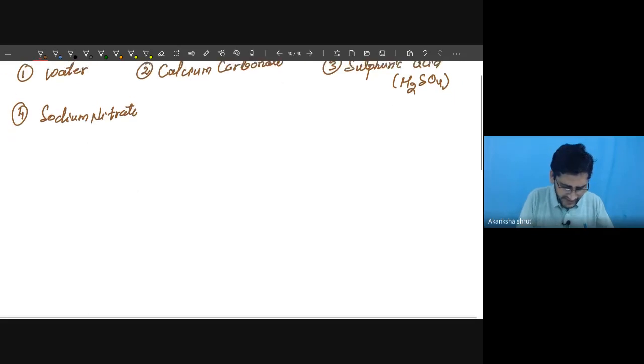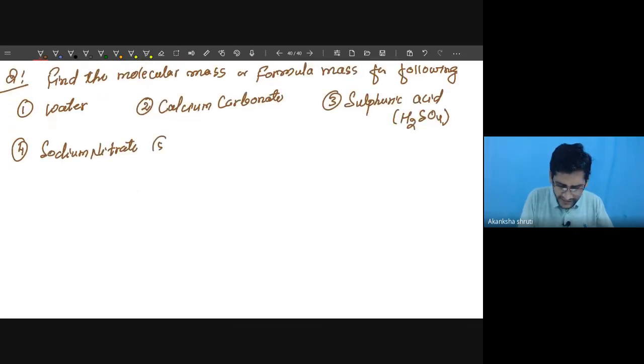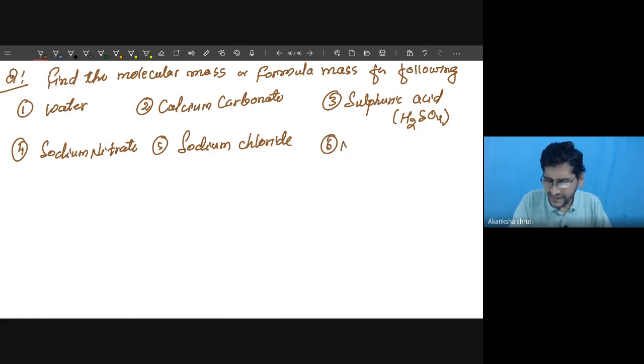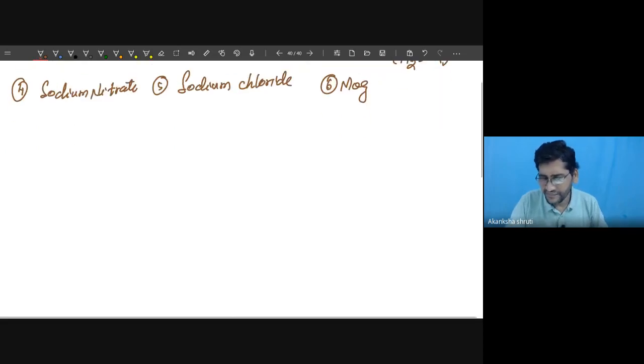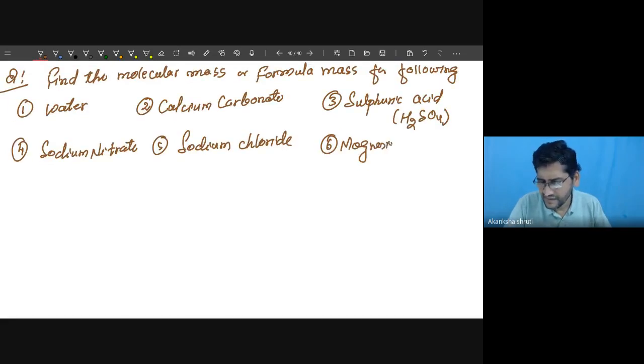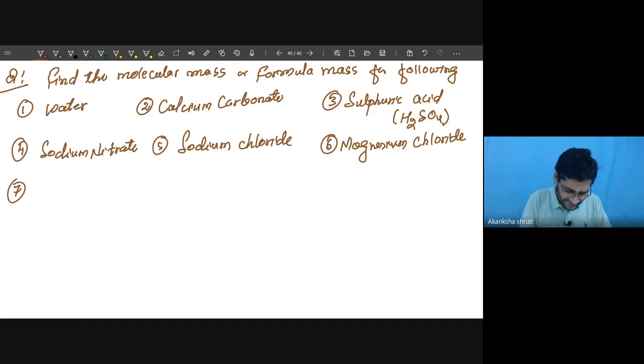In all these cases, we need to first write the formula, then calculate. Say sodium chloride, the sixth one magnesium oxide, or let me write the chloride first. The seventh one, rather than a name, sometimes the formula itself is given.